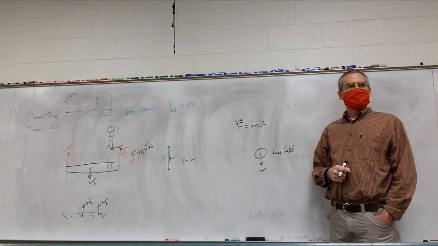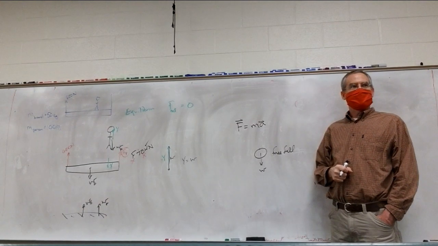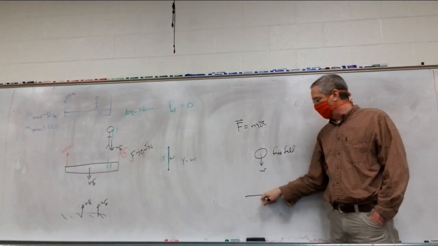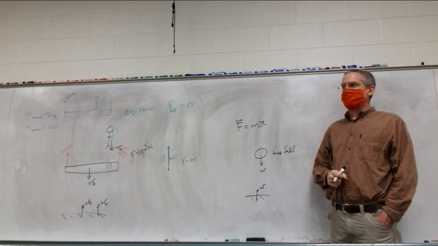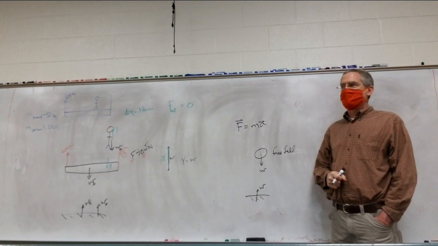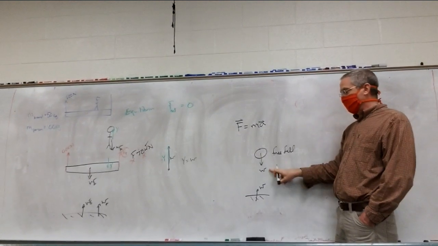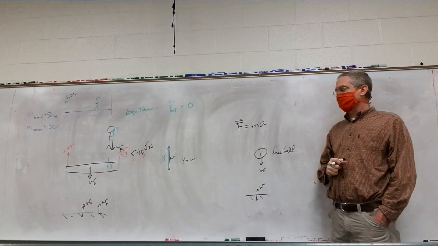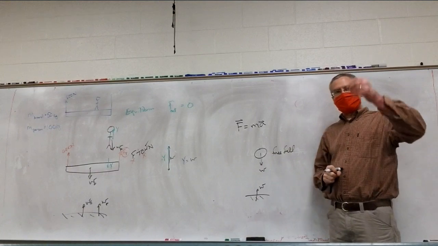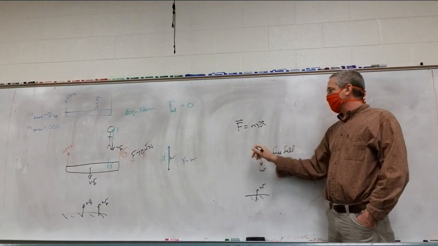Would you have weight acting up? On the ground. Okay. Any other forces acting on the ball? Gravity. That would be weight. Okay. So in the case of something falling, the net total force is its weight.